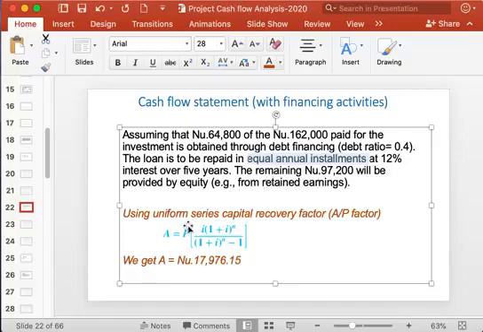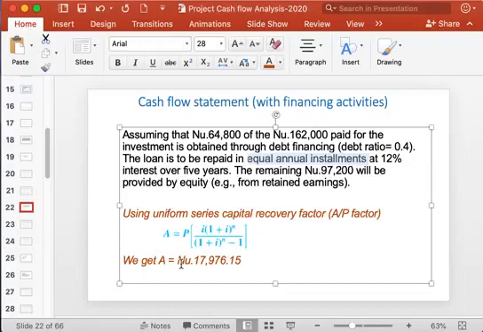Because of this, this is a uniform series case, and we have to use this formula and find out the annual annuity value. Using this equation we get the equal annual installment at 12% equal to 17,976.15 Newton.